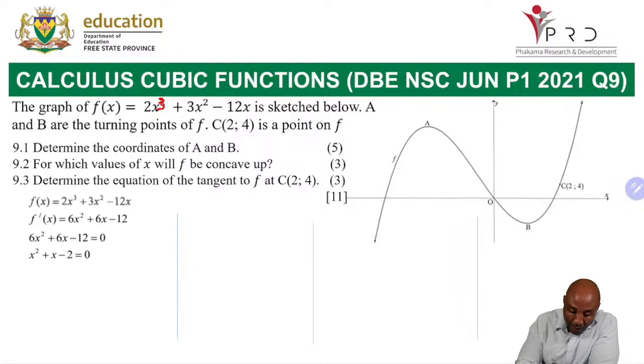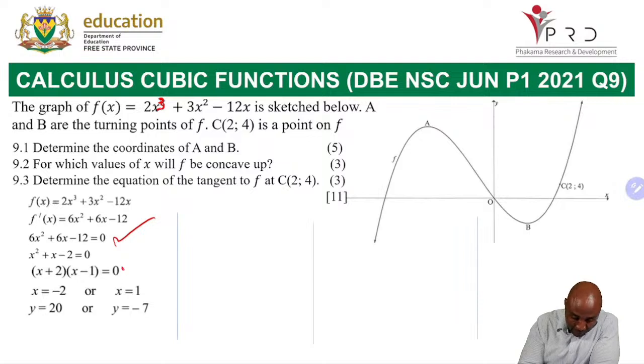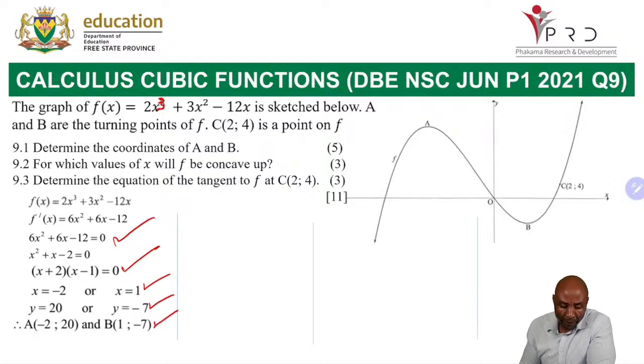We equate it to 0. And then we factorize, and we get our x values as those two. And then we also get our y values. Then we are able to get our coordinates of A as negative 2 and 20, the coordinates of B as 1 and negative 7. We get our 5 marks.